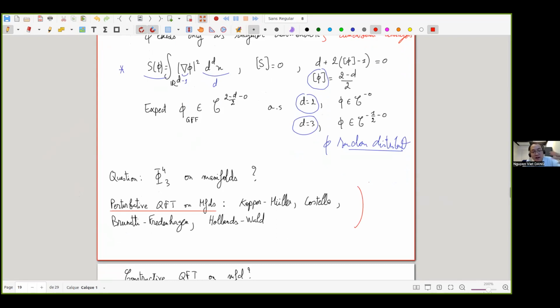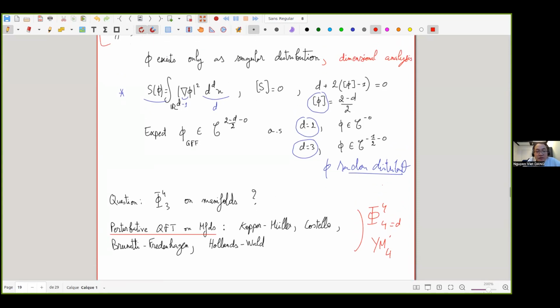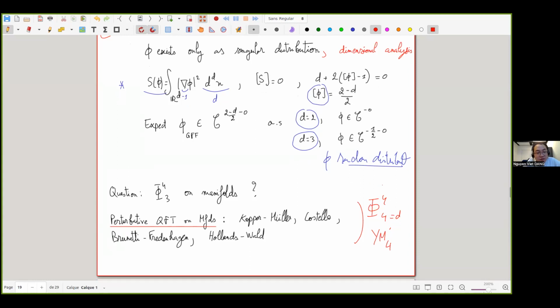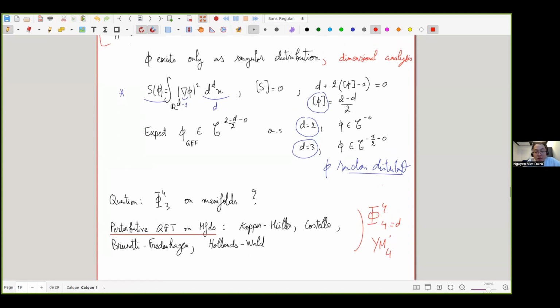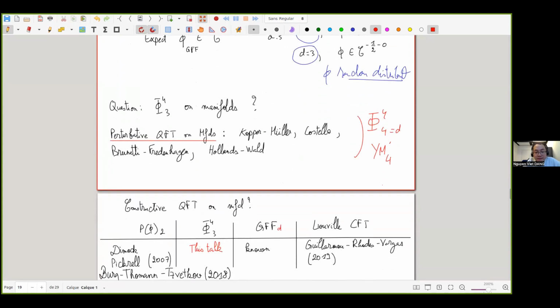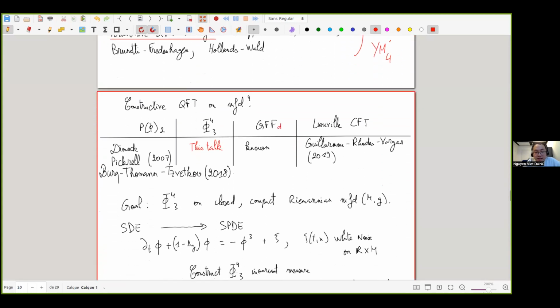Their results are more general than Phi^4_3. Usually they define Phi^4_4 theory in d equals 4, and even Yang-Mills; there are some perturbative works on Yang-Mills in dimension 4. And a natural question is: can you define these Phi^4_3 models in a non-perturbative way on 3-dimensional manifolds?